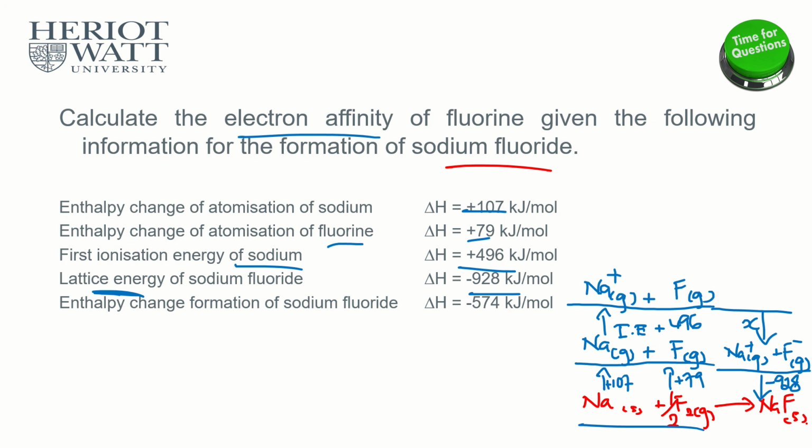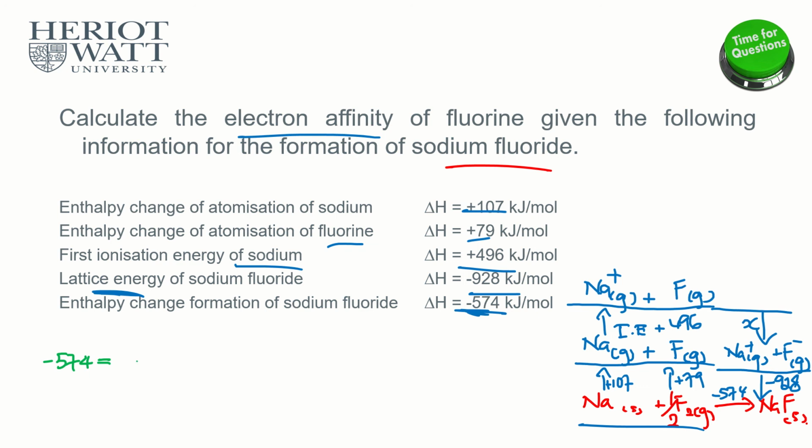Now we have the full Born-Haber cycle here, and we have all the values except for the X. Sorry, I forgot to put in, enthalpy change of formation is negative 574. Now let's do the calculation, putting it into the equation. So what is the equation again? Enthalpy change of formation, which is negative 574, is equivalent to the addition of everything.